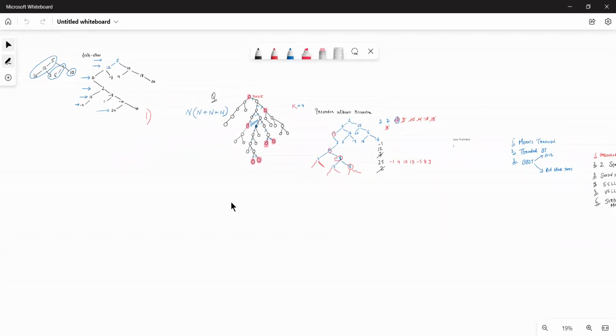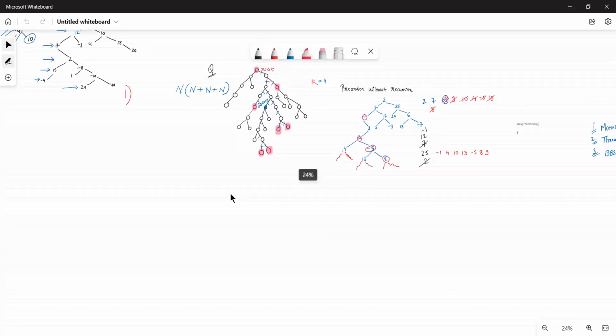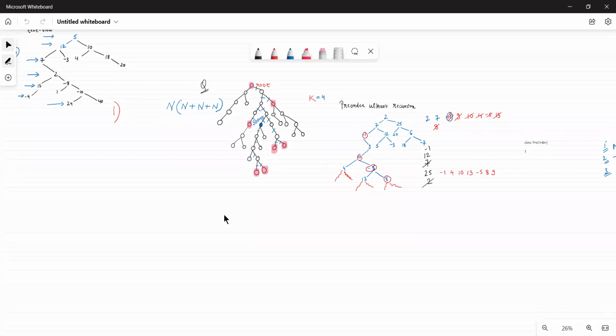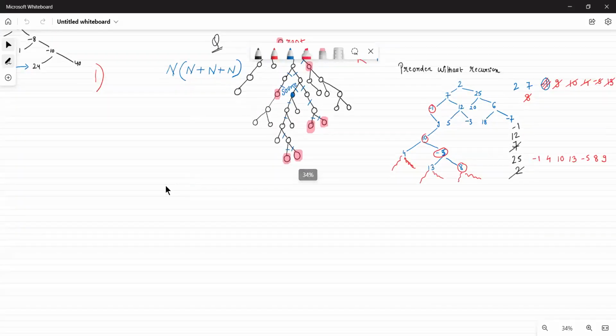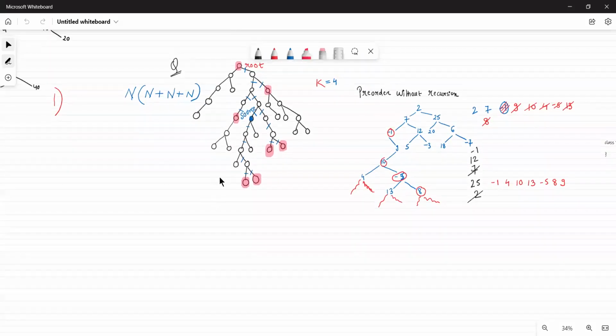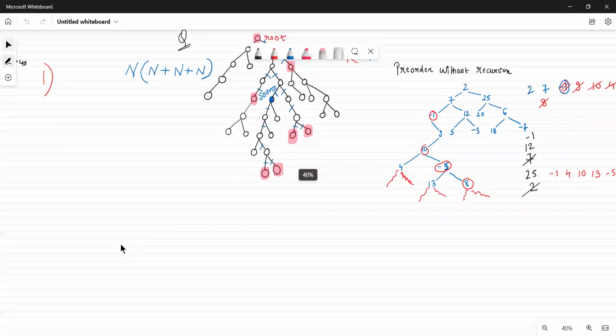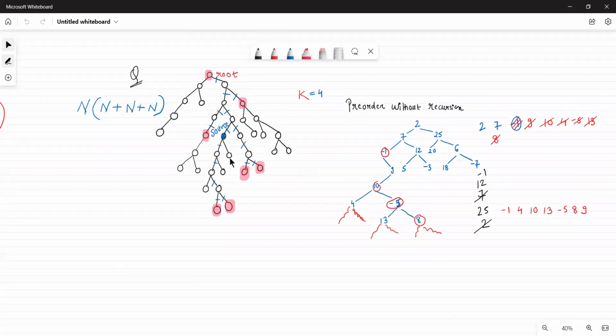Then for all the nodes, you need to find the path from the source node to that specific node. For finding the path, we have discussed a solution already: you need to find the path from root to the source node, find the path from root to that specific node, and after that remove the common nodes. At the end, you will get the distance between the source node and that specific node.